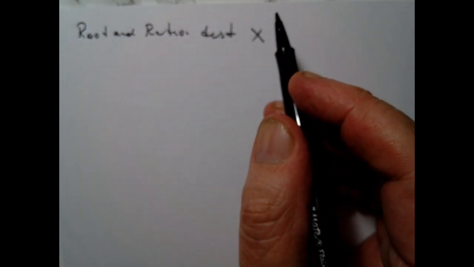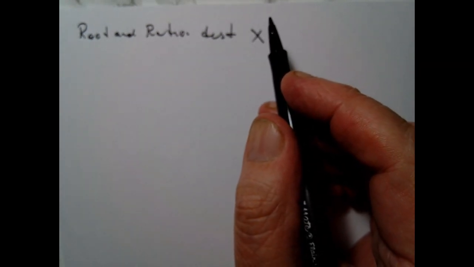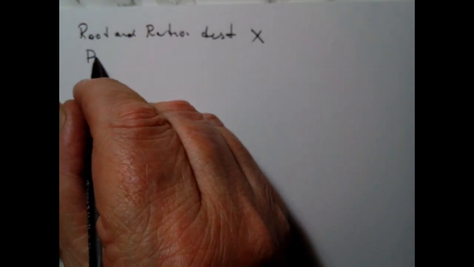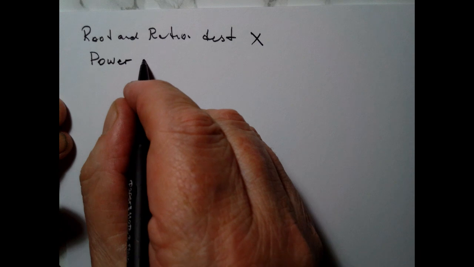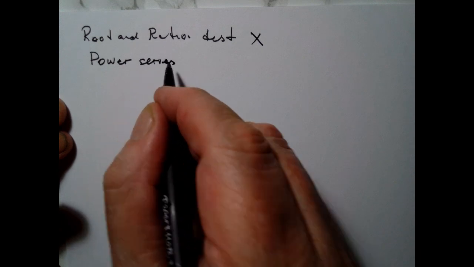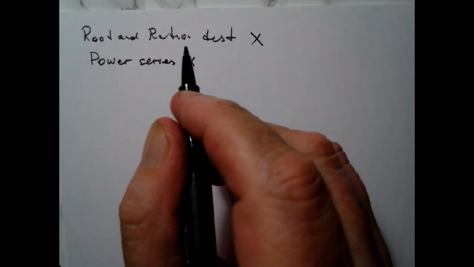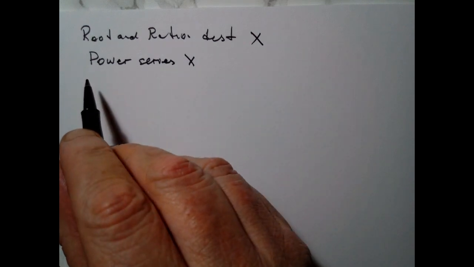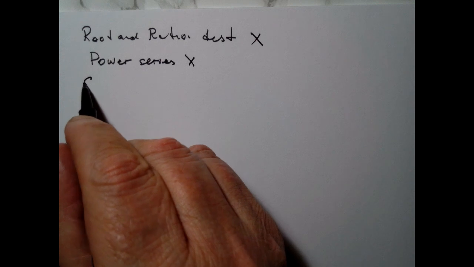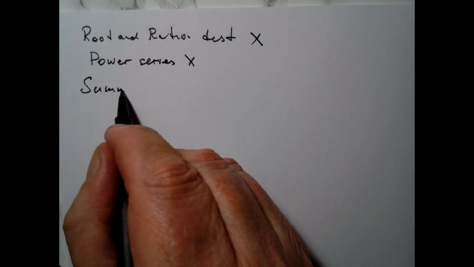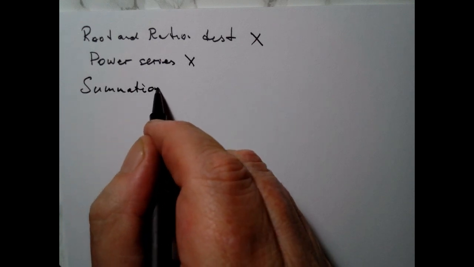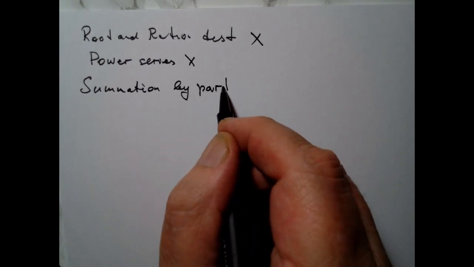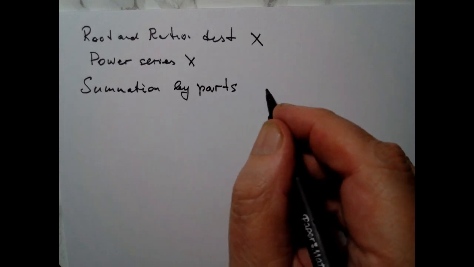I also will skip the power series. That is also skipped. And so finally I will say that I will skip most of the part of summation by parts. So this will be partially skipped.